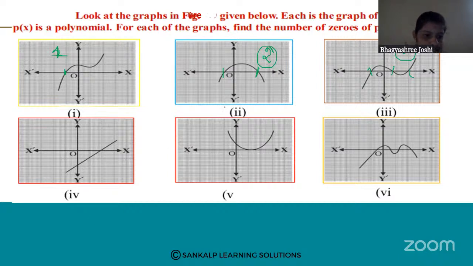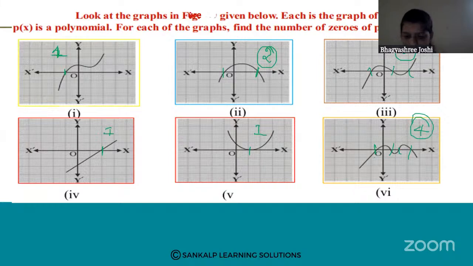In the fourth case, how many times is it intersecting? Only one time. That means it has only 1 zero. In this case, how many times is it intersecting? Yes, only one time. Very good, students. Very fine answer. In this case, 1, 2, 3, 4. 4 zeros it has.